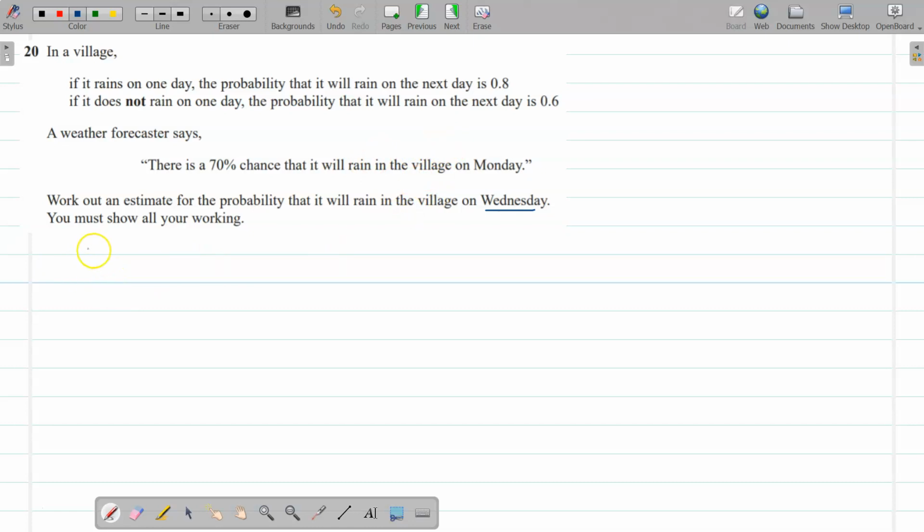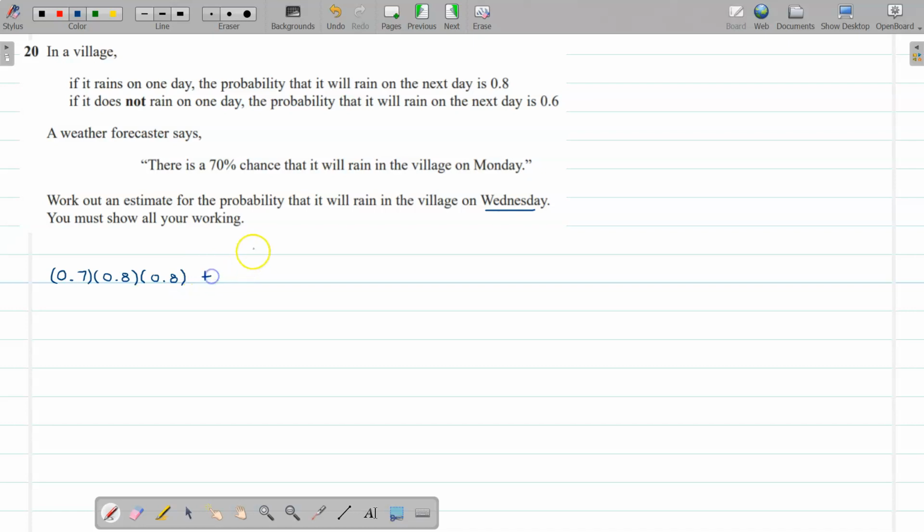Well, it could rain on the first day, which is 0.7, and it could rain also on the second day, which is 0.8 probability, because if it rains on one day, the probability it rains the next day is 0.8, and it would have to rain on Wednesday because we are interested in when it rains on Wednesday. So that's one possible way that could happen.